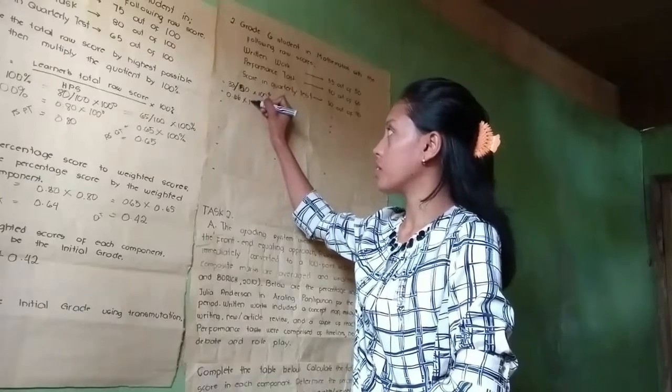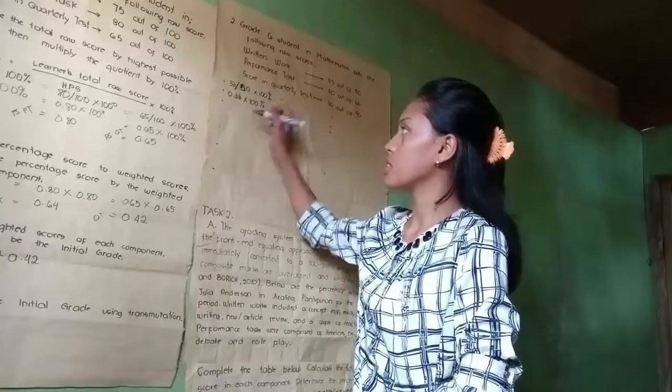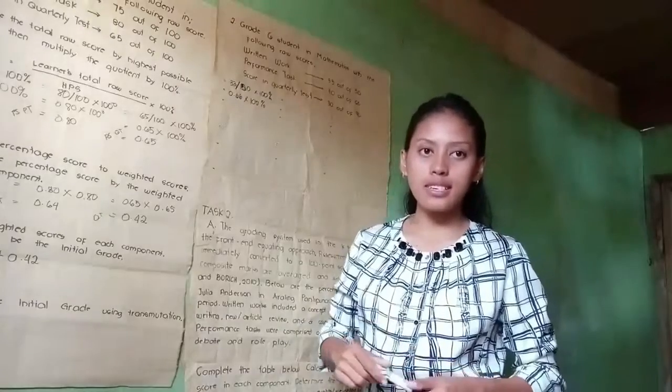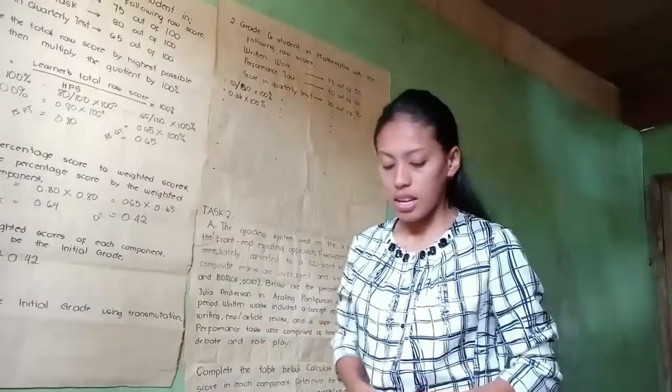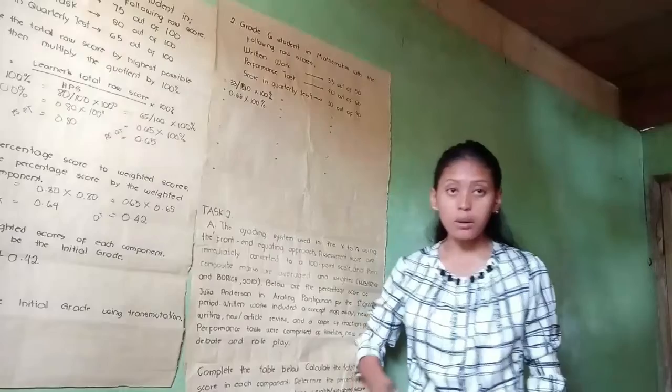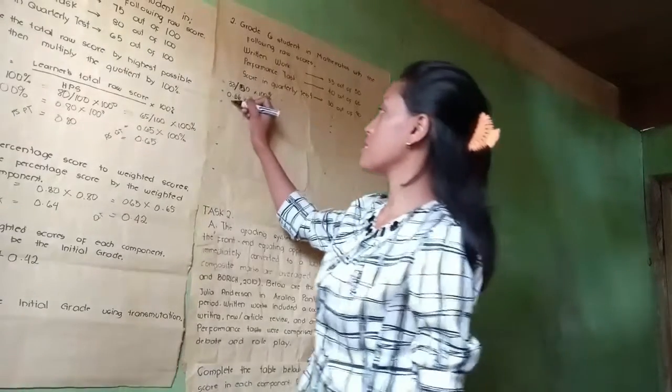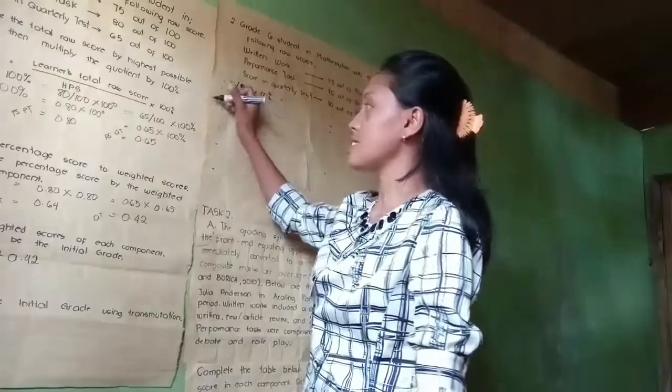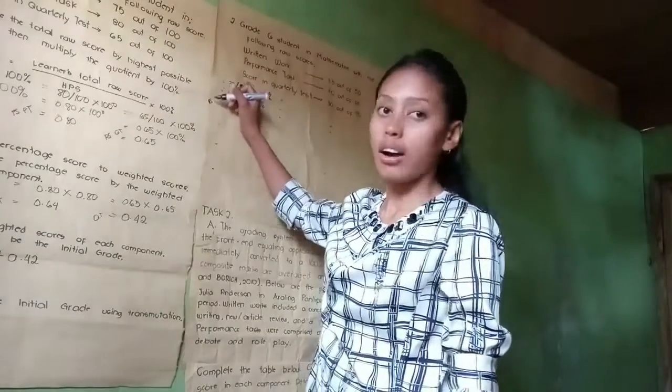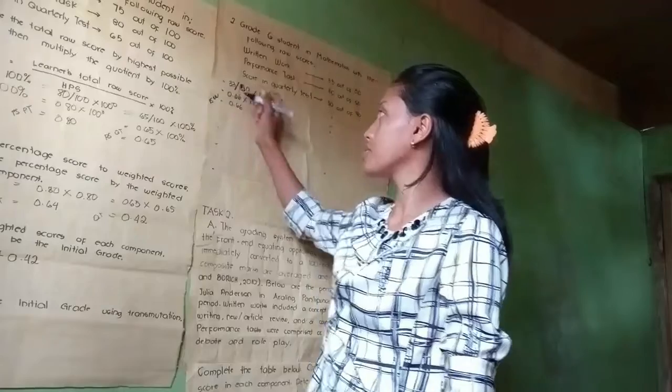So 0.66 times 100% is equal to 0.66. This is our possible score of written work.